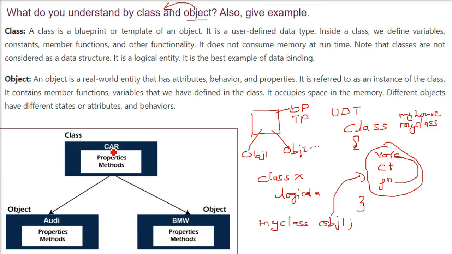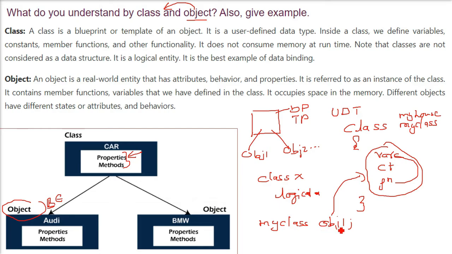For example, a class car has certain attributes, properties, methods, but this is just a class. But when you create an object of a class, then it becomes the property of say an Audi, method of an Audi, variable of an Audi. So it is referred to as an instance of the class.